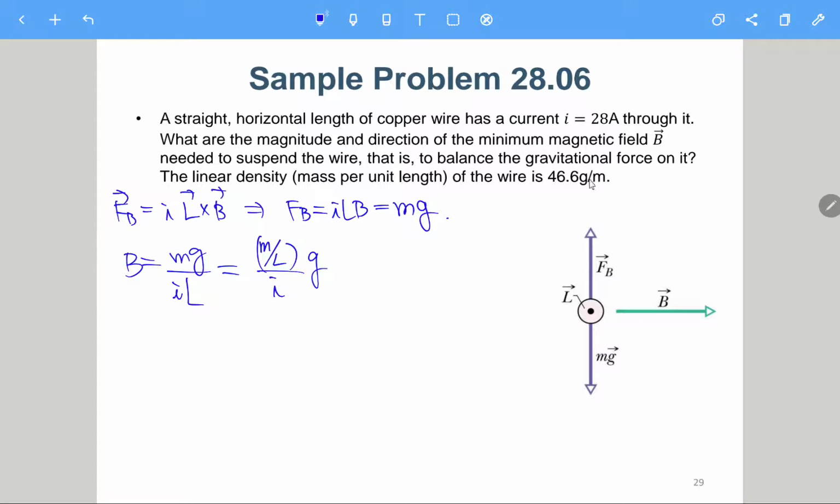This term will be 46.6 gram per meter, which is 46.6 times 10 to the minus third power kilogram per meter. And then I is 28, and g is 9.8. So this will be 1.6 times 10 to the minus second power T.